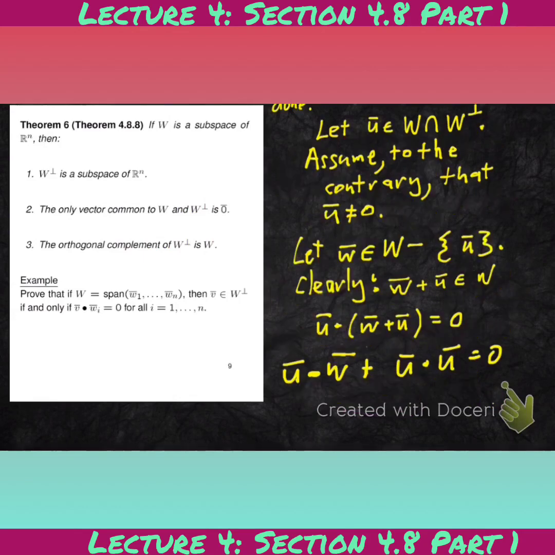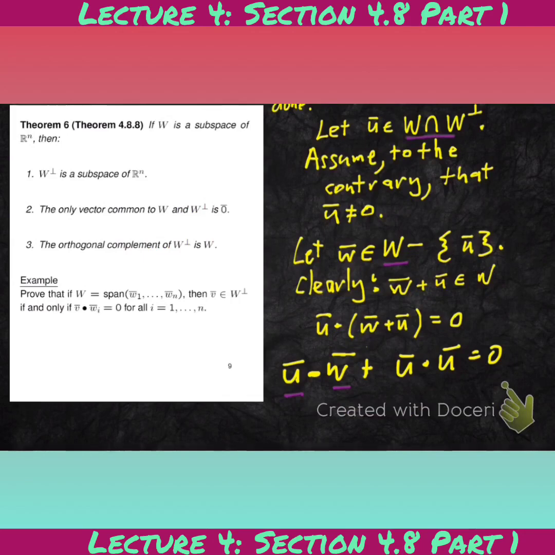All right, so working out that dot product, we get this dot product here. Now, where was w from? This w, it's from that set there. And where's this vector from?